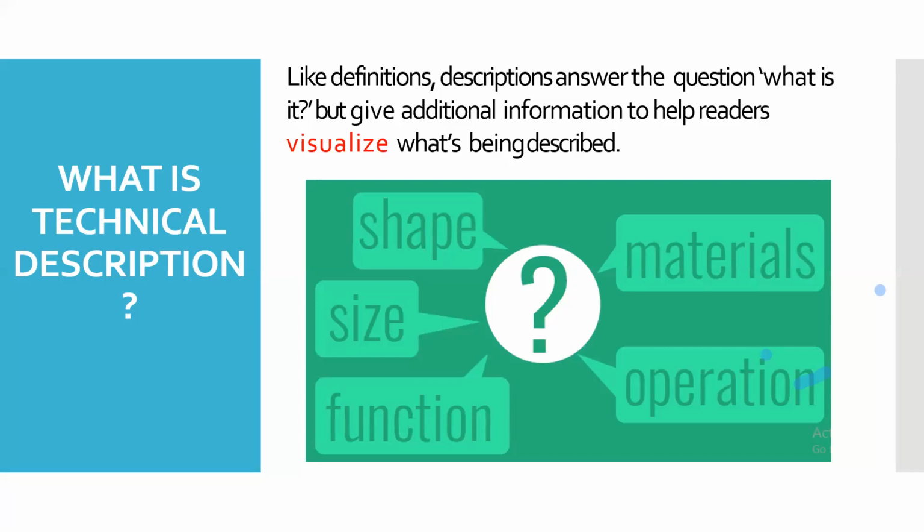The way you define an object, description is more additional information about the object or the process, which talks to you about the detailing of any object or process.